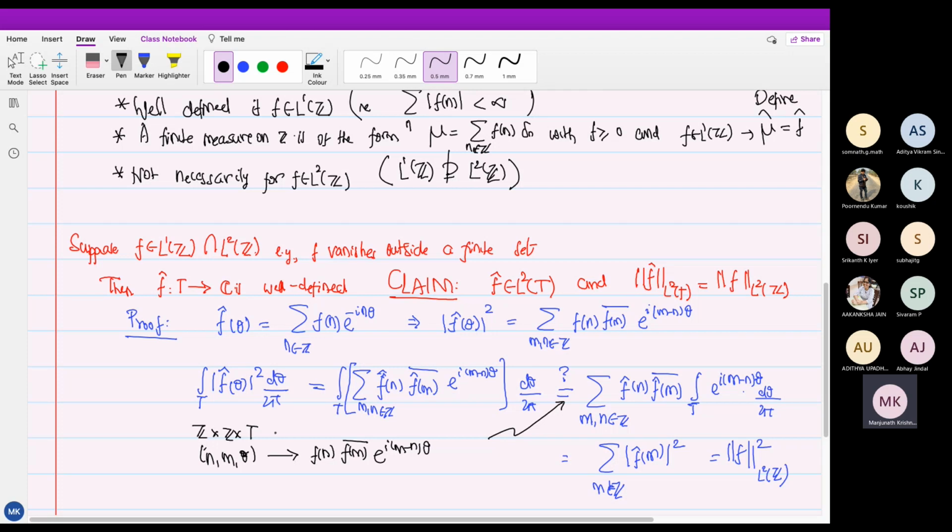Let's look at this function from that space. The point is, this is absolutely integrable, it is in L1 of this product space.